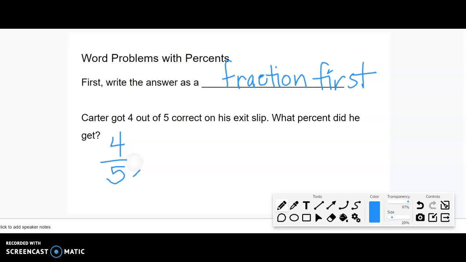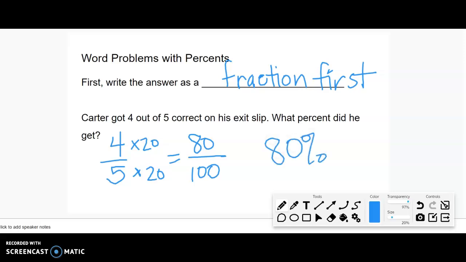Let's write it out of 100 on this one. So I can do times 20. We just did this one on the last video, if I remember correctly. So 80 hundredths is an equivalent fraction, which equals 80%. So he got 80% correct.